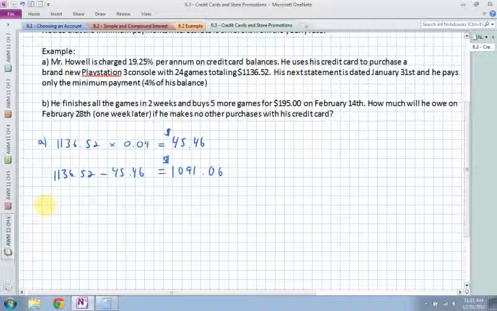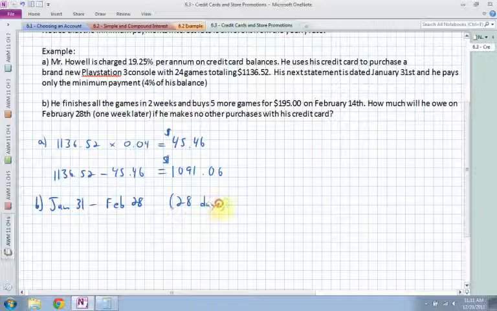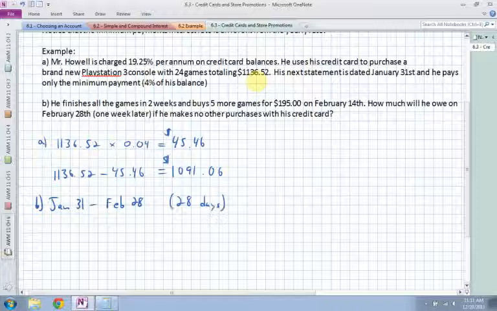First thing for part B is we know that from January 31st to February 28th is a total of 4 weeks or 28 days. And that's from his first purchase of the console.